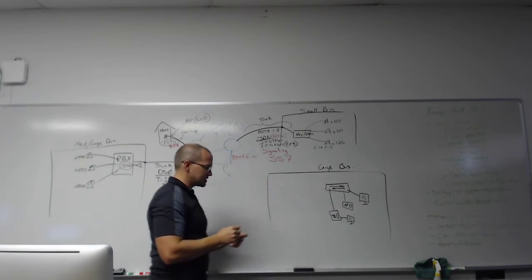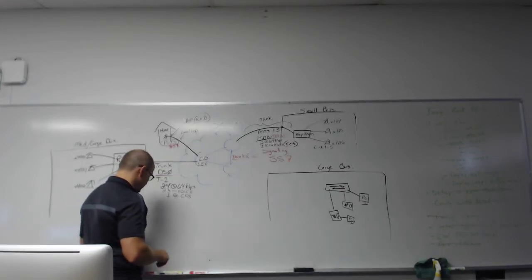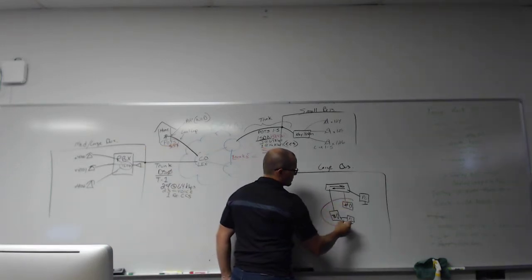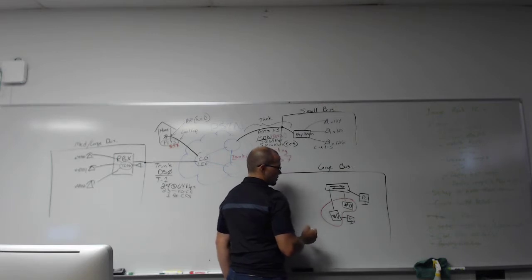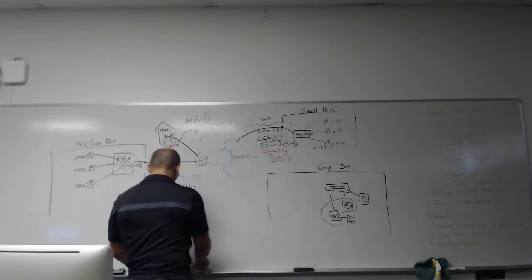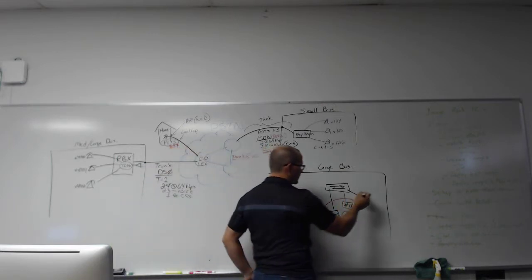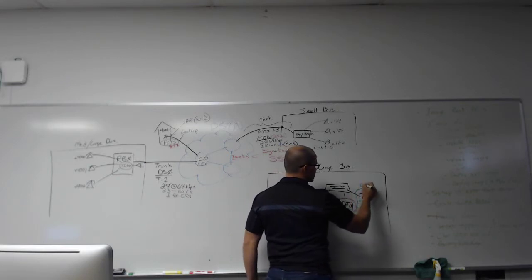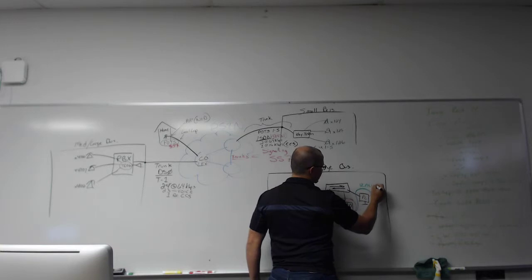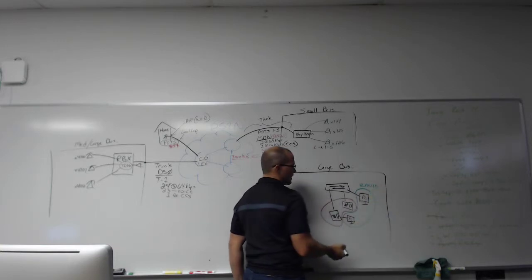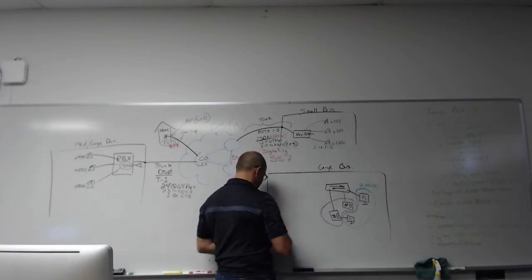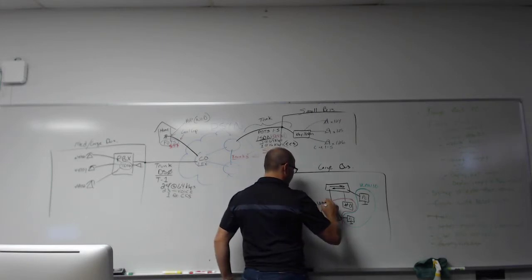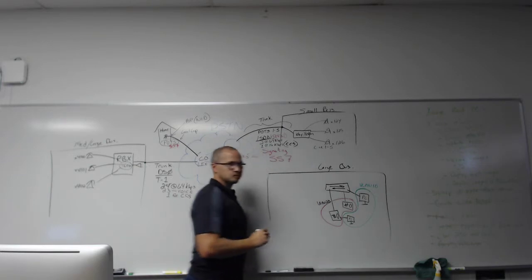What happens in this type of scenario is that the phones are put on their own VLAN or their own network, and the PCs are put on their own network. So VLAN 10 for the PCs and VLAN 20 for voice.